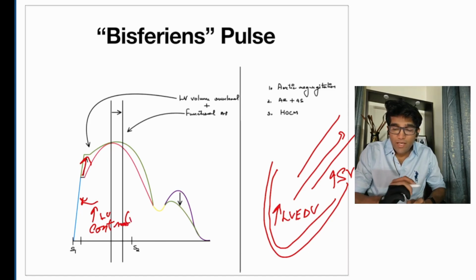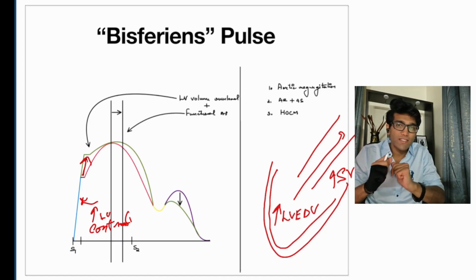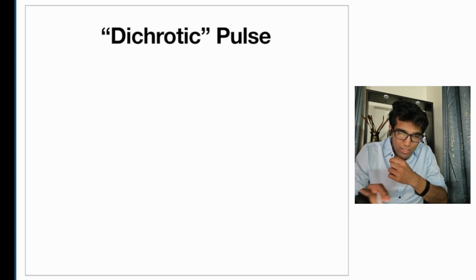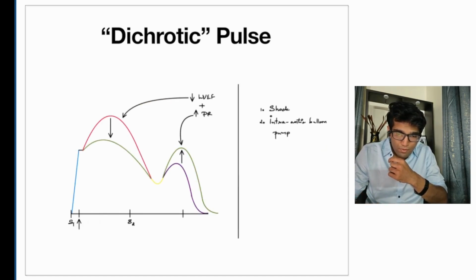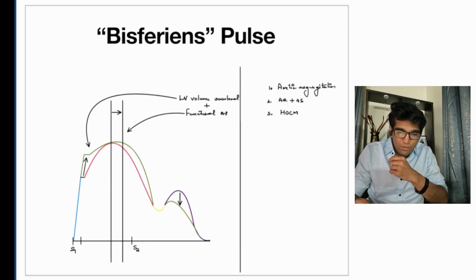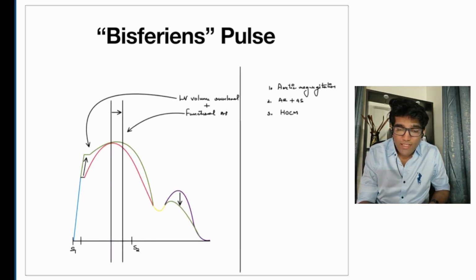And because we are also pushing a lot of blood into a normal or a slightly enlarged aorta, there is a functional aortic stenosis. Okay, so technically the peak of the tidal wave also gets delayed.